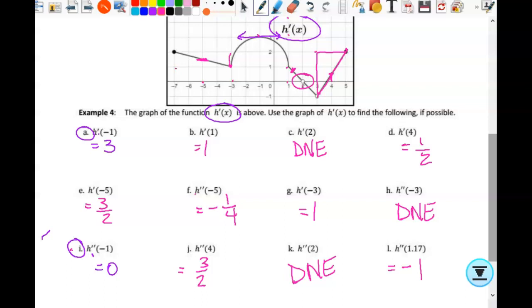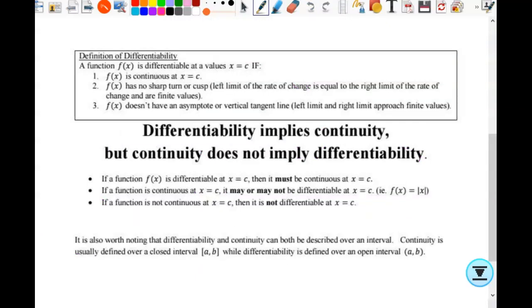Okay, grab the little half sheet of paper I put on your table. This is just kind of restating what we've already talked about, but I like the way some of this is said because, as I said the other day, you can't always go one way and the other, back and forth. This gives you the definition of differentiability again.